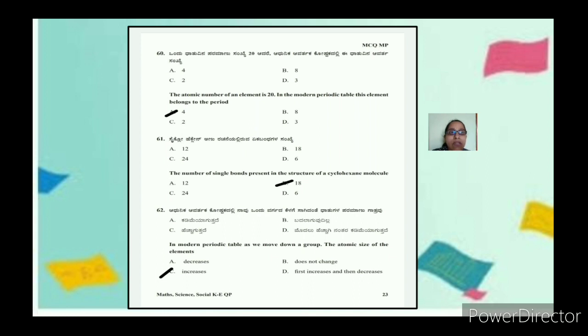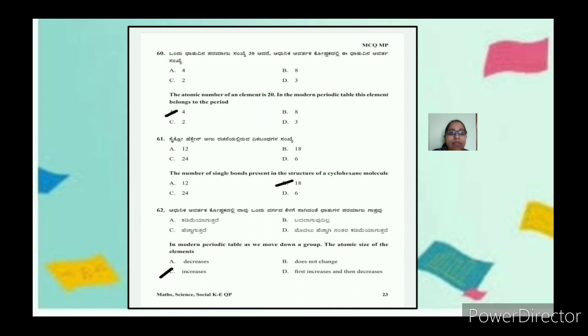So this comes under period 4. 61st question. The number of single bonds present in the structure of cyclohexane molecule is. So you can see that there are 18 single bonds present.